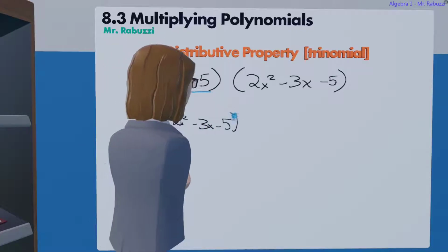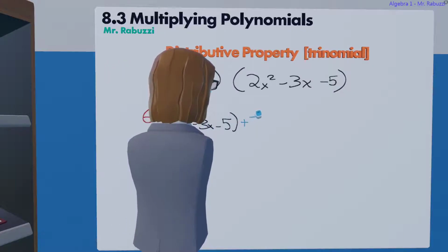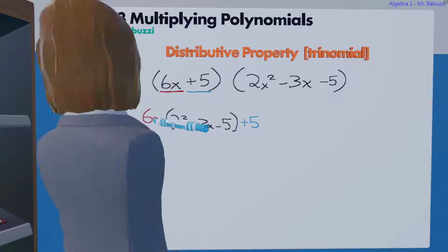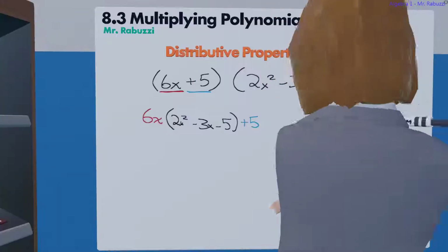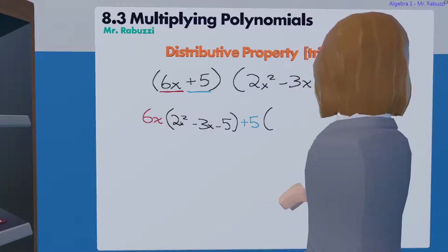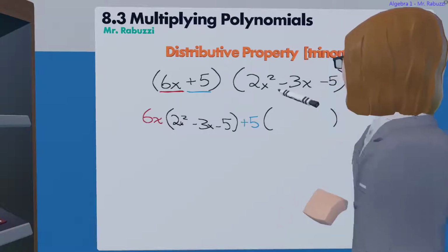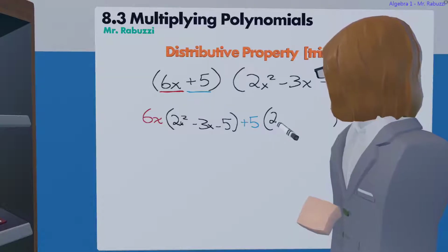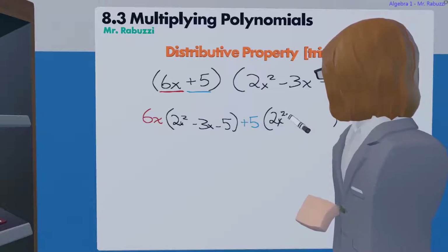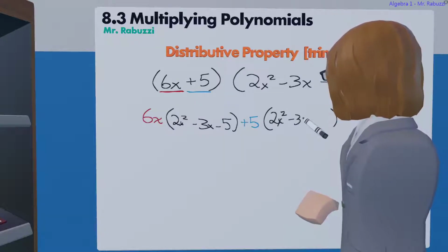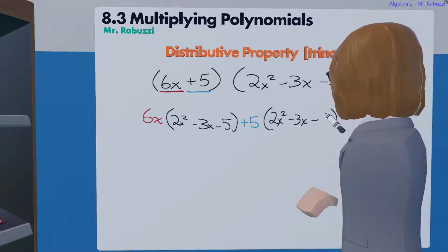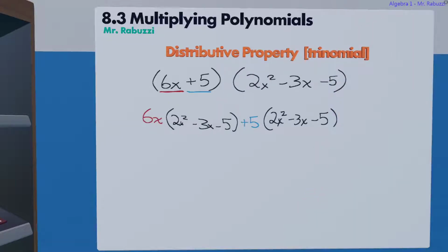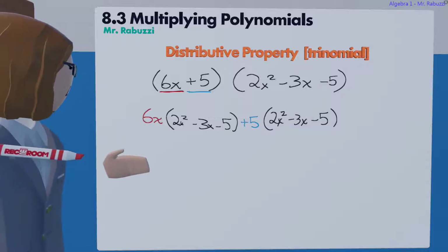So it's plus 5, and the plus 5 is going to multiply again with everything in the other polynomial: 2x squared minus 3x minus 5.